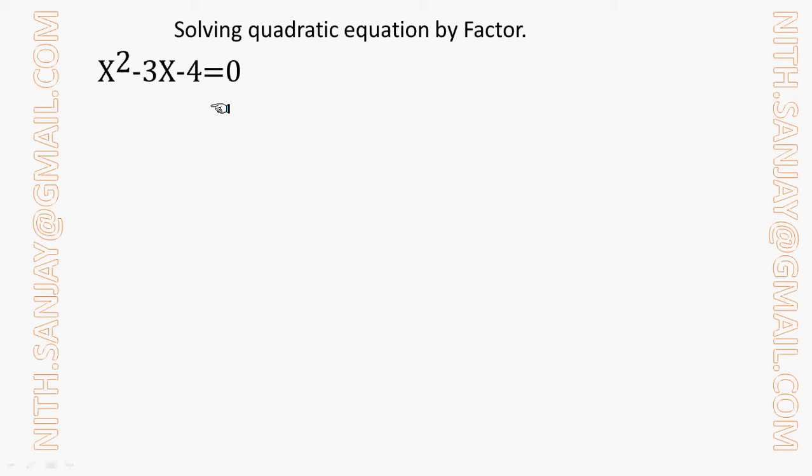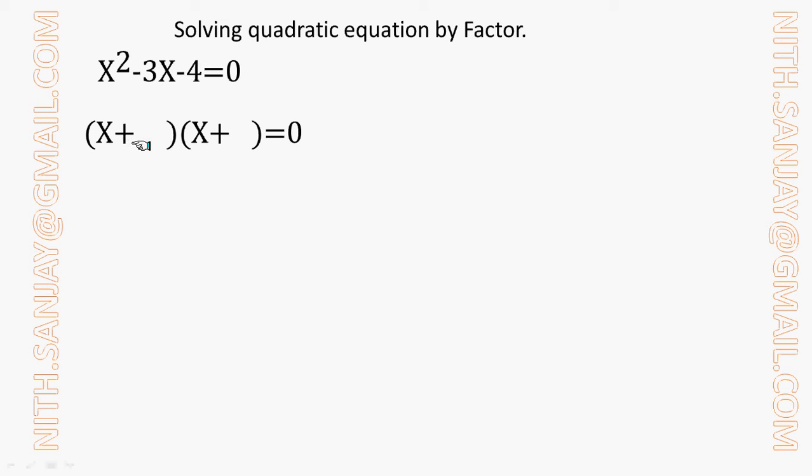Here we have the equation x squared minus 3x minus 4 is equal to 0. Now what I will do is I will make the factors of this equation which will look like this, right?